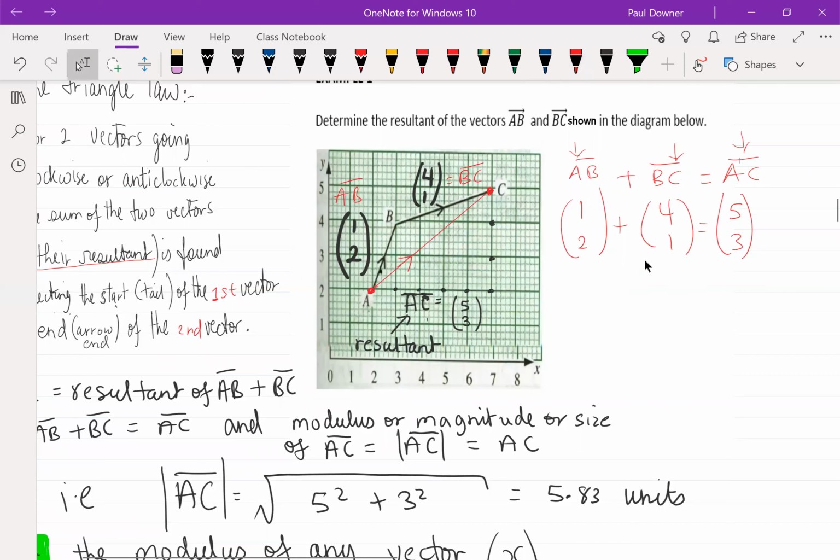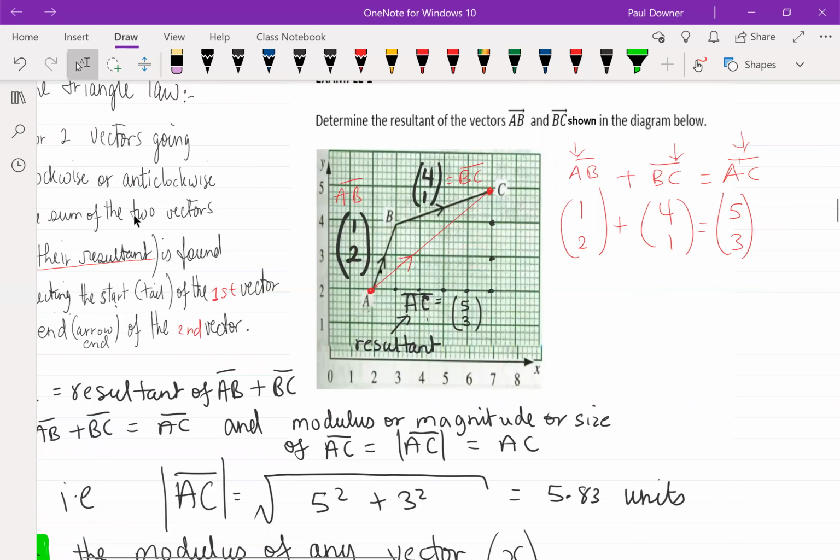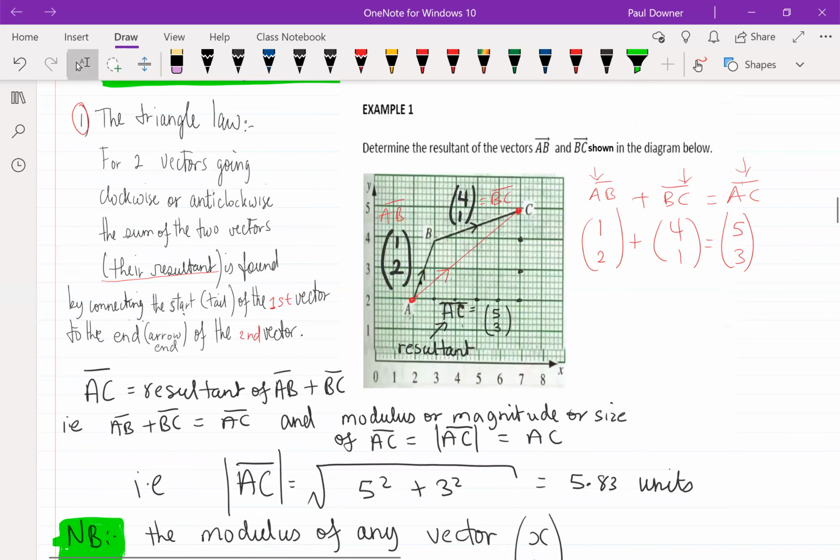But if we had to do it using a diagram, what we could do is follow the rules that we had on this side. What was the rule again? The rule says that in this triangle law, for these two vectors going, in this case, clockwise, the sum of the vectors, which is known as their resultant, would be found by connecting the start or tail end of the first vector to the end or arrow end of the second vector, BC.